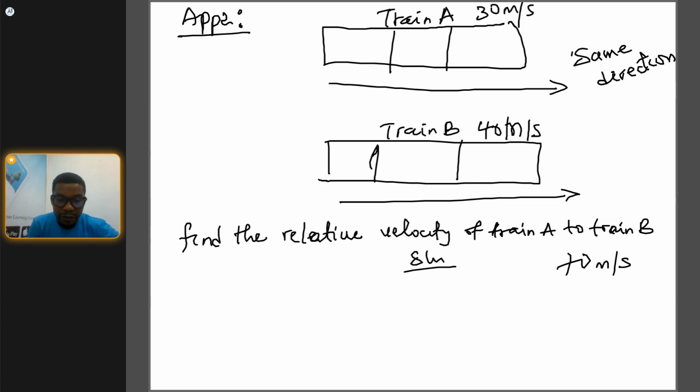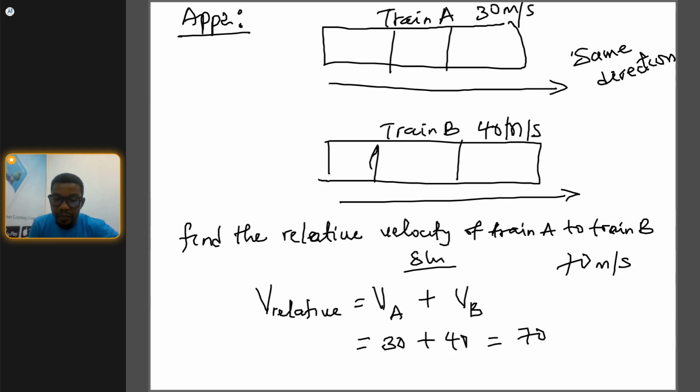So we solve it this way. Relative velocity equals the velocity of A plus the velocity of B, which is 30 plus 40, and that is 70 meters per second.